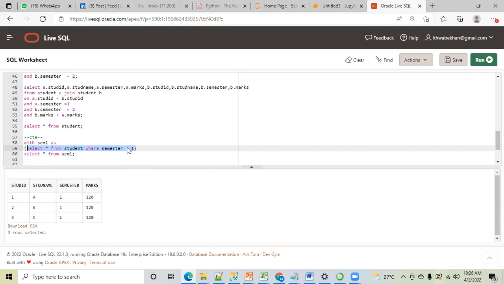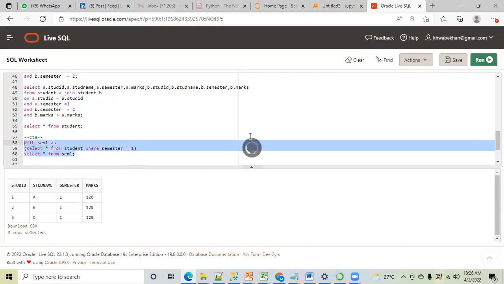And the output of this I have routed to a temporary table, semester 1, SEM1. And then I'm writing this query, select a star from SEM1, so I'm getting the output. Don't think about why, just think about what I have done. Is that clear or not?